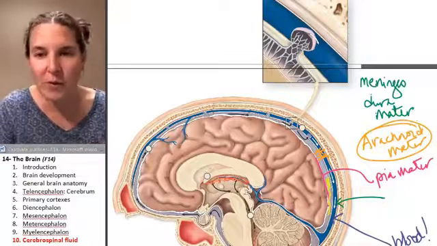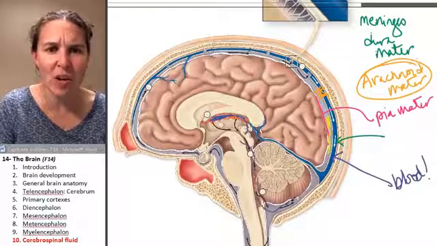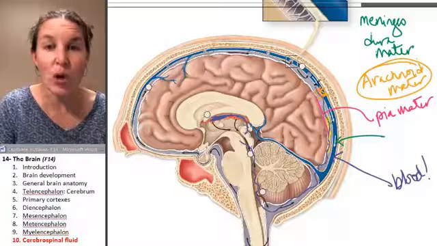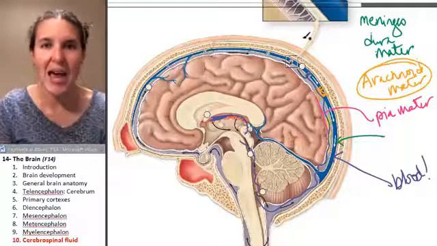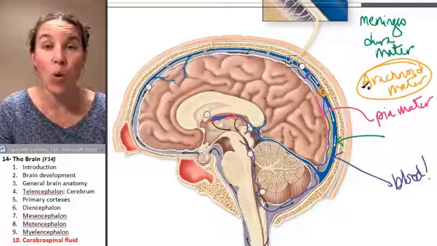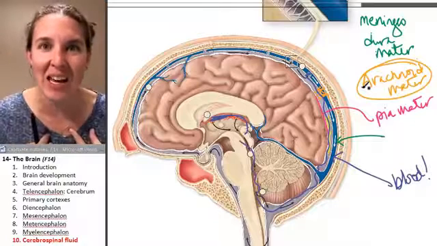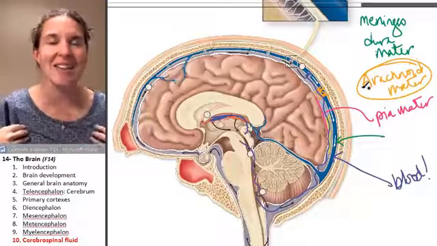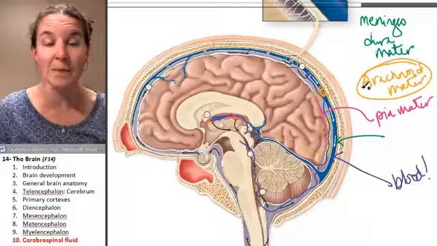So the cerebrospinal fluid, which started up here in my lateral ventricle and traveled all the way through, will go to these little mushroom-shaped structures and get dumped into the venous blood supply. Old blood is then carried out of the brain through the jugular vein and to the heart and then to the lungs to get reoxygenated and sent back around to the body again.